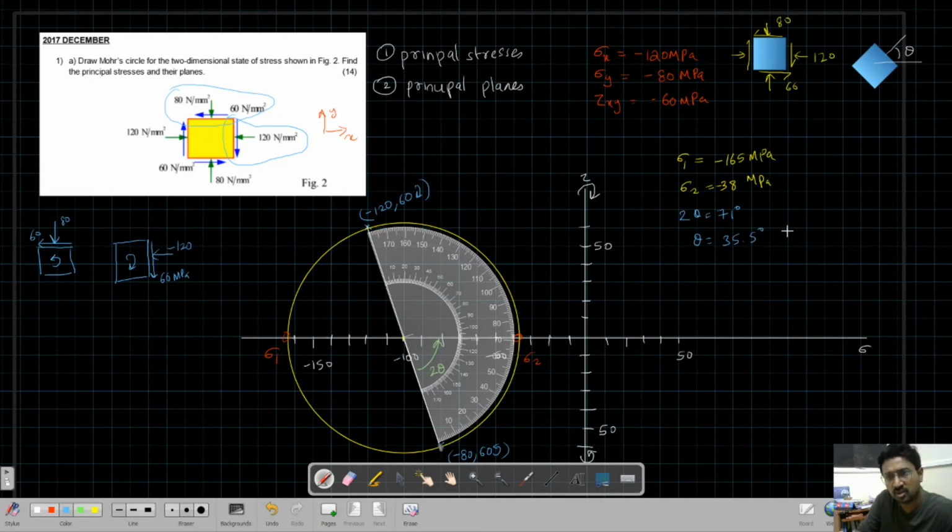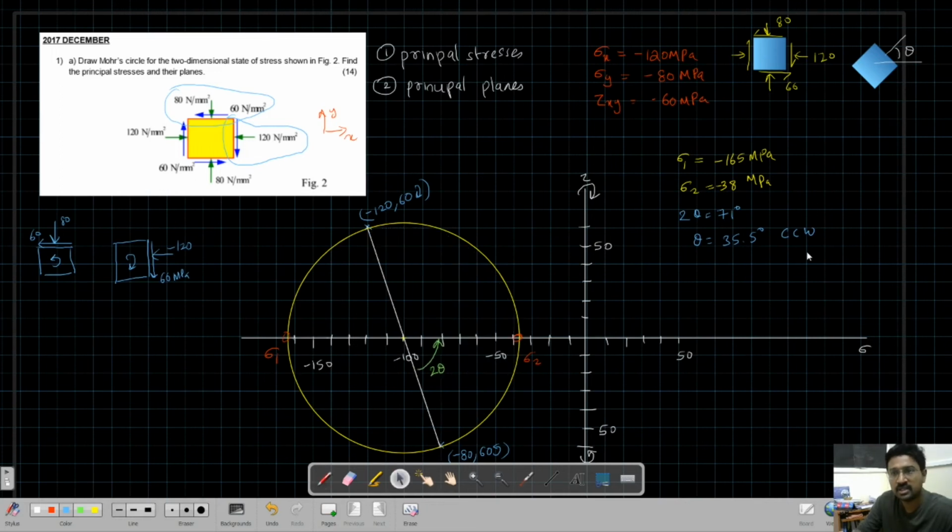It is in the counterclockwise direction. Let me remove the protractor. When theta is 35.5 degrees counterclockwise, we get the principal planes.